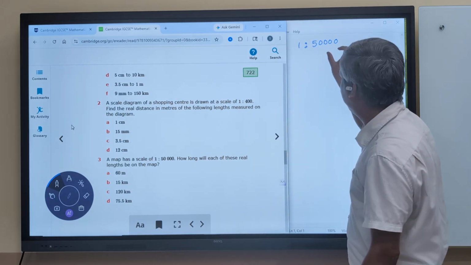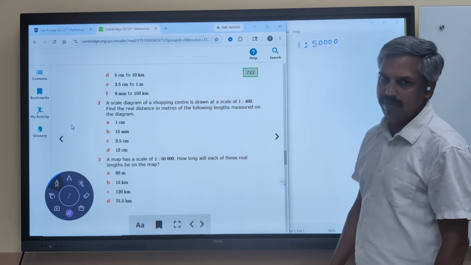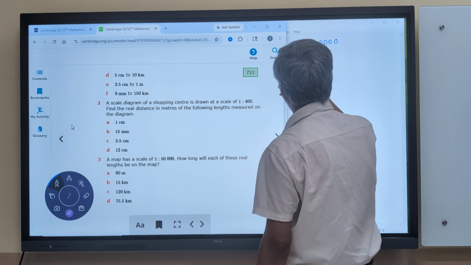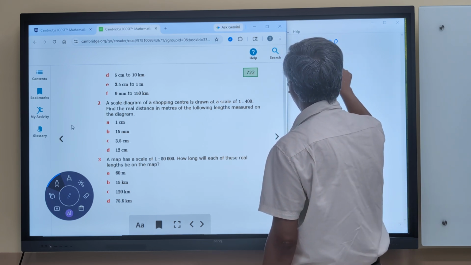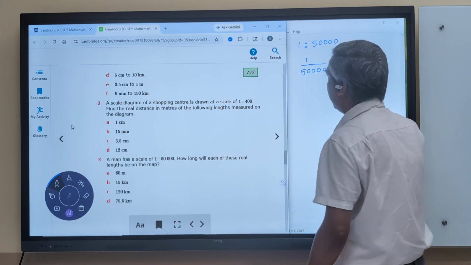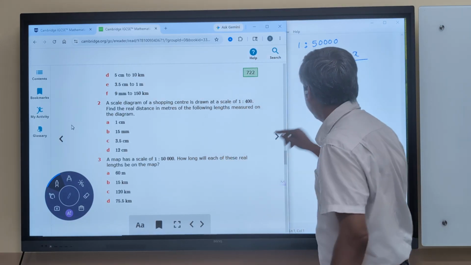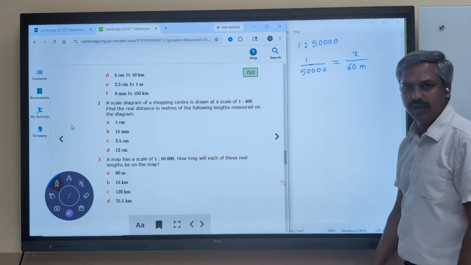So what was 50,000 centimeter would be 1 centimeter on the map. So 1 upon 50,000 is equal to, let's say on the map it is x centimeter divided by 60 meter, and we find the value of x.